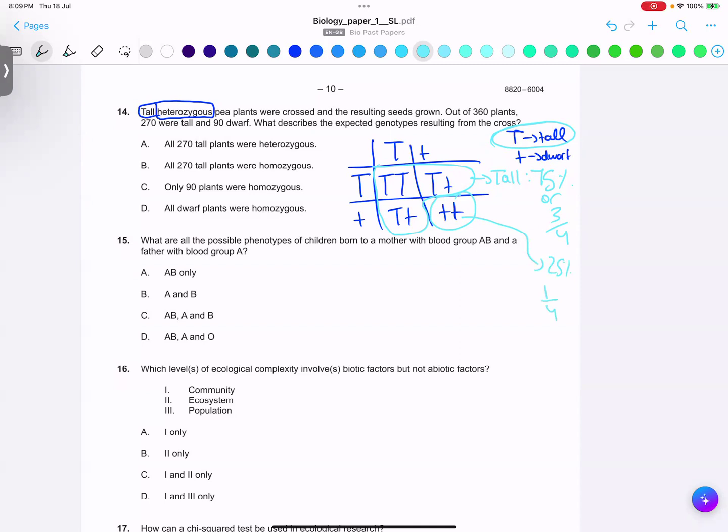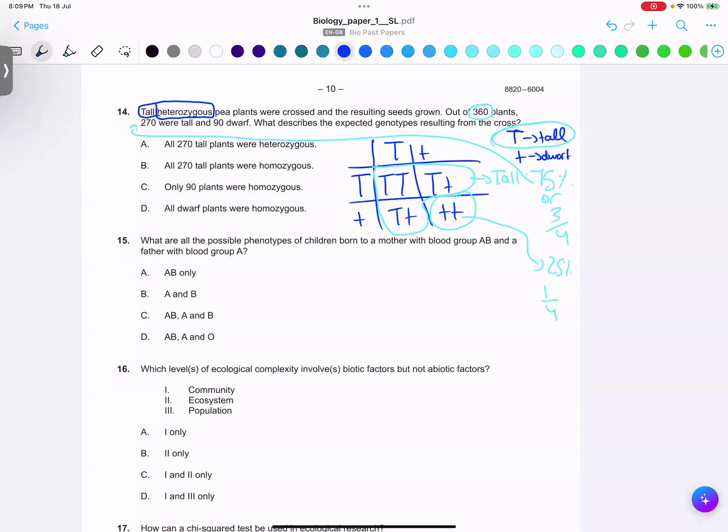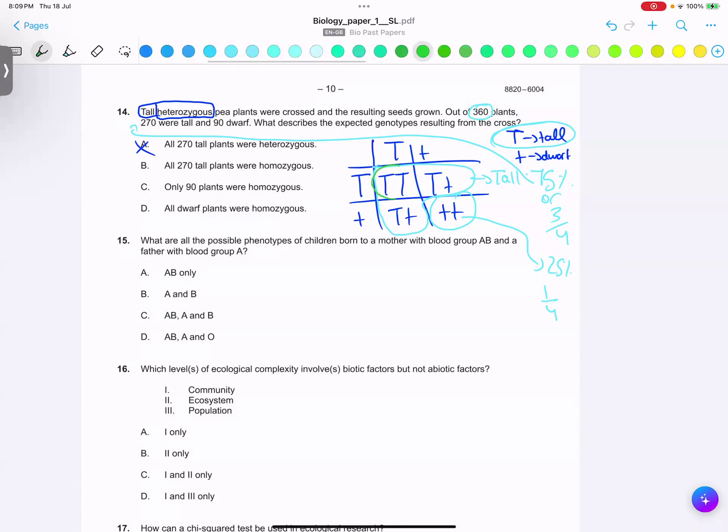And you do know that there's this 360, and these match because 75% of 360 is 270. So now what does this say about their genotypes? So all 270 plants were heterozygous? No, because 25% in fact were homozygous.